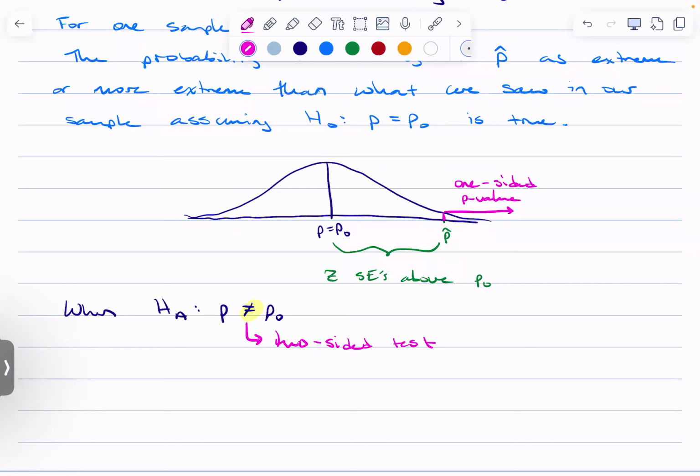Our sample is only going to pop up in one of the tails. But we would be equally concerned if it was the same distance in the other direction, right? And so when we have not equal to, I'm concerned about both of these tails, which means that I need to pretend that this area could also happen down in the lower tail or in the opposite tail.